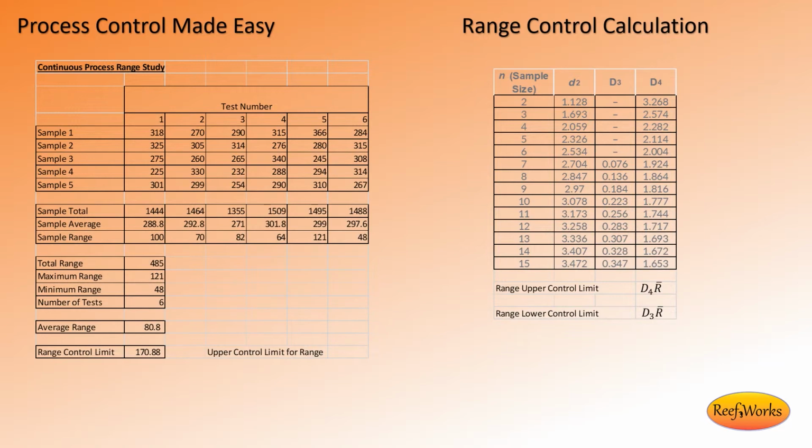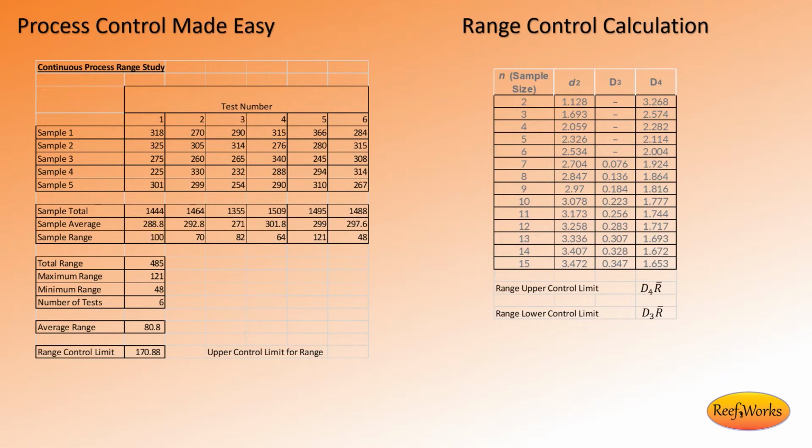So what we do is we collect, in this case we're using 5 samples, so we have 5 individual measurements, and then we take the sample total, we get the sample average, and then we calculate the range. And the range is simply the maximum minus the minimum.